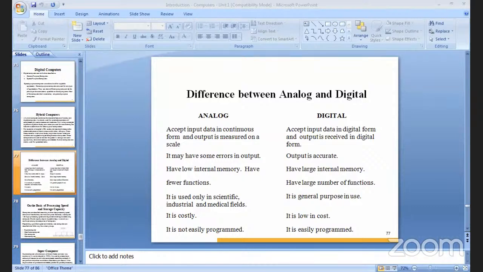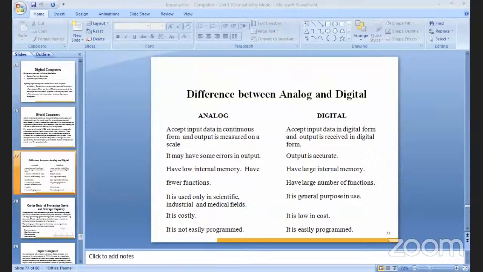Coming to internal memory, analog computers have low internal memory, while digital computers have large internal memory.